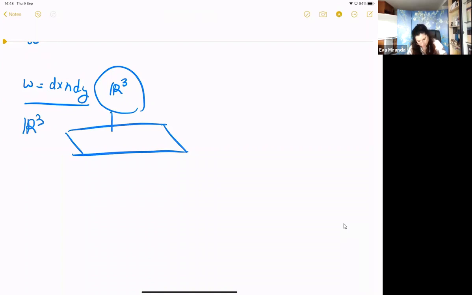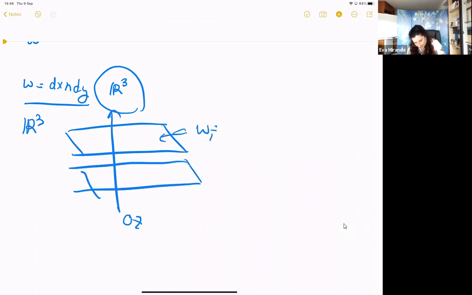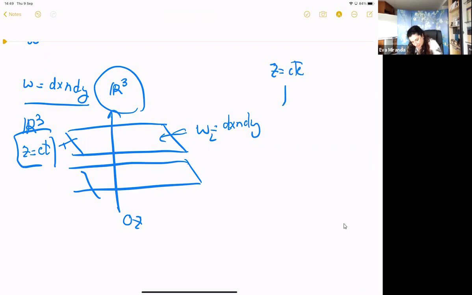I can make a picture, and this is the OZ axis, and these are the copies. On each one of these copies, this is a symplectic structure. So indeed, this example is good because this form on R3 is not symplectic itself, but its restriction to each one of these slices where Z has a constant value is symplectic. When I take Z equal to constant, this automatically is symplectic.